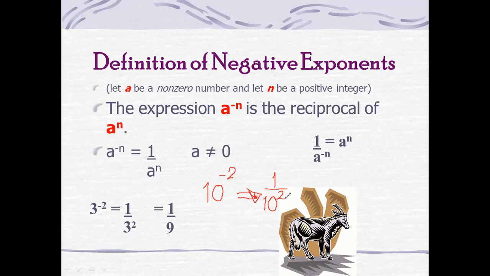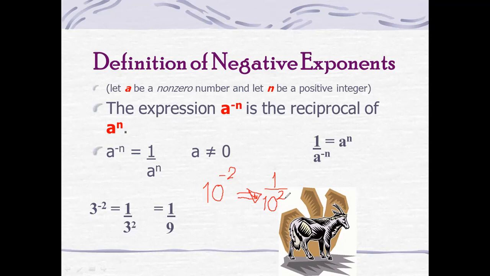Okay, so that is it when you are having a negative exponent. Any base raised to the power of a negative exponent, we can write that one as a reciprocal by having it expressed in a fraction form.